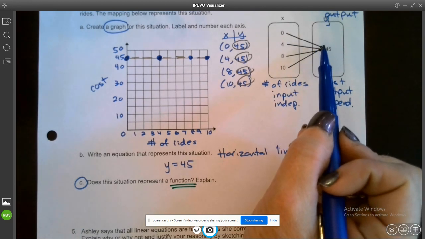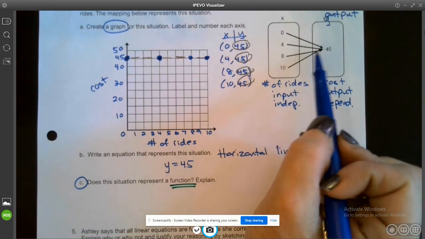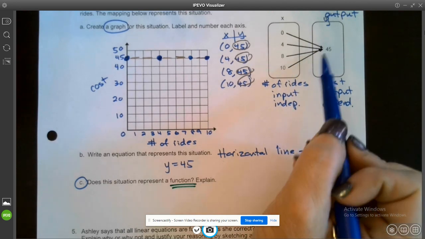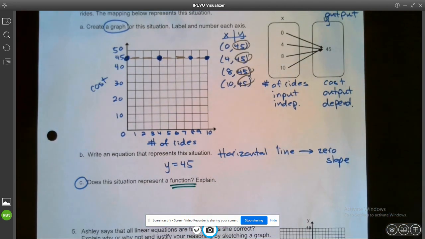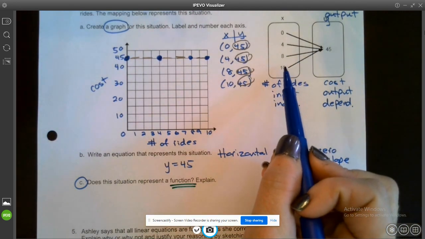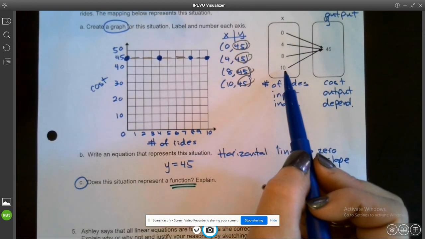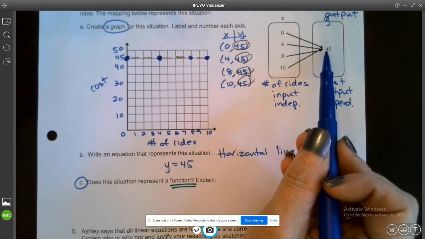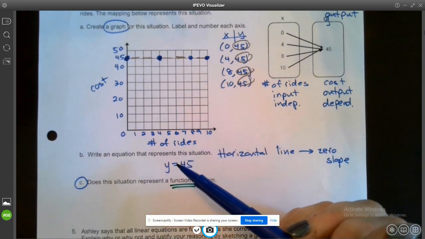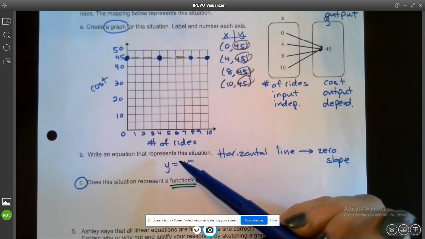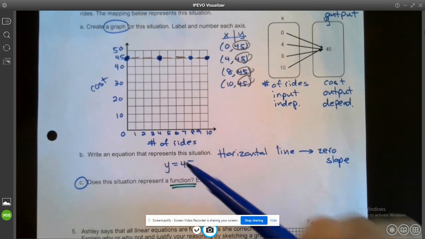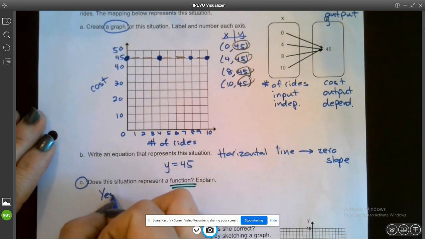If you go on 8 rides, that's still $45. 10 rides, $45. So let me ask you, the amount of rides, do I know exactly how much it's going to cost me? Is every input value related to one exact output value? Yeah, it is. So that's the reason why, yes, this actually is a function.